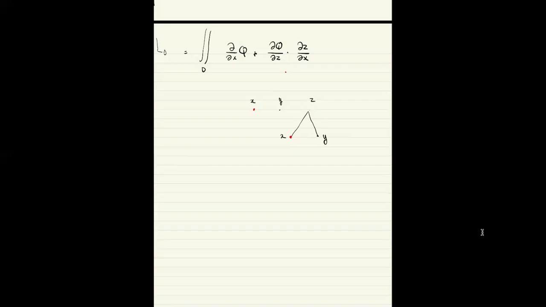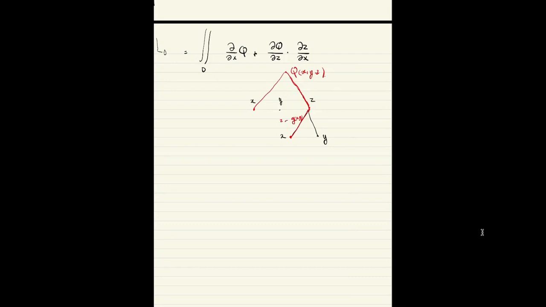So this is the function Q of x, y, and z. You go partial derivative with respect to x, and then you also go with the partial derivative with respect to z, and then the partial derivative of z with respect to x, where z is a function of x and y.